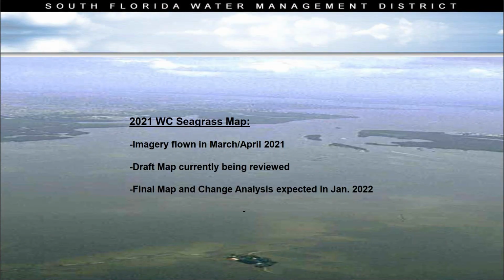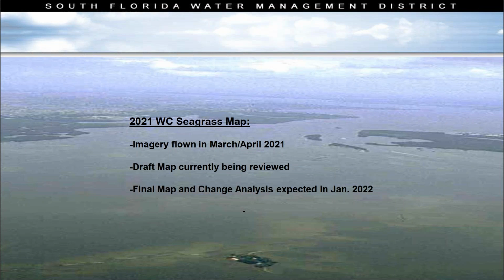So as I mentioned, our 2021 West Coast seagrass mapping was flown in March and April of 2021. We started last year, but apparently we had a lot of turbidity issues and the weather wasn't working for us to get the mapping done in that time frame.